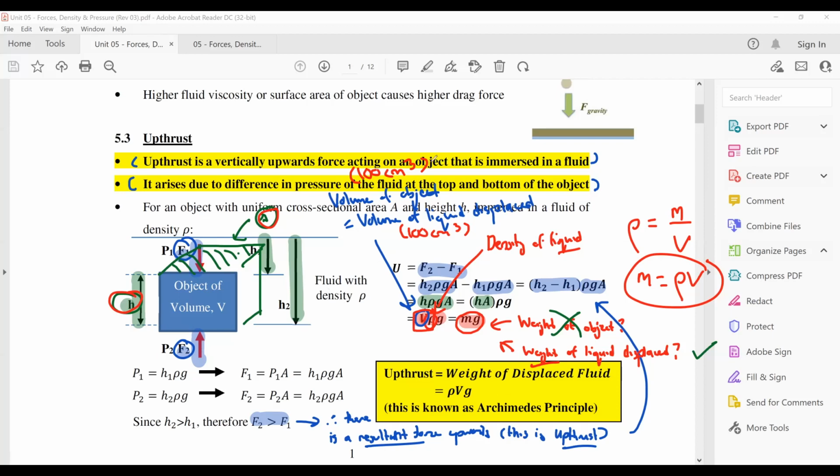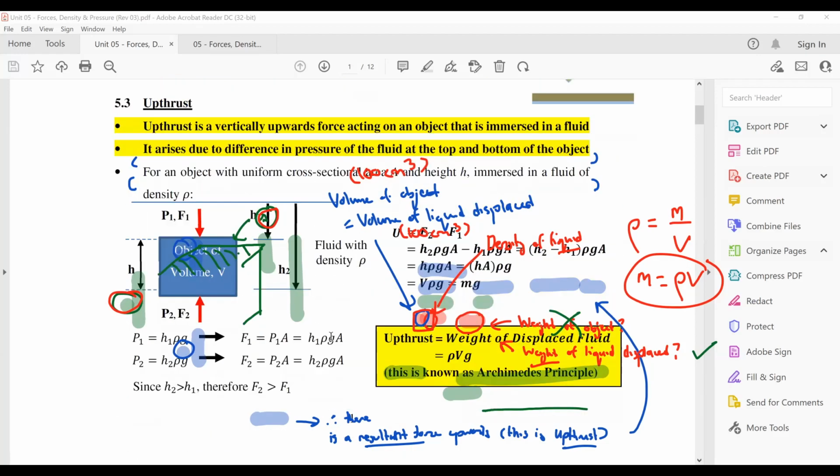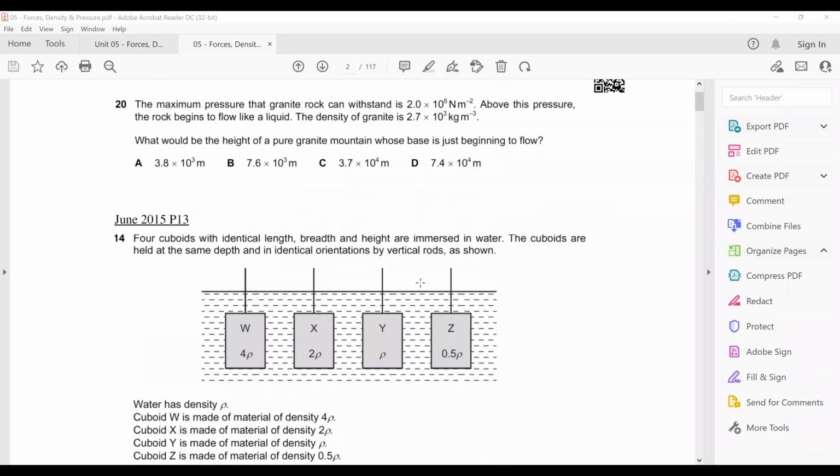Upthrust in general is the weight of the displaced fluid, which is rho Vg, which is also sometimes known as Archimedes' principle. But in your syllabus, we won't ask you what is Archimedes' principle. It's something that you learn in IGCSE. We just need you to know that upthrust is actually the weight of liquid displaced. That's all. Have a look at page 2, question 14.